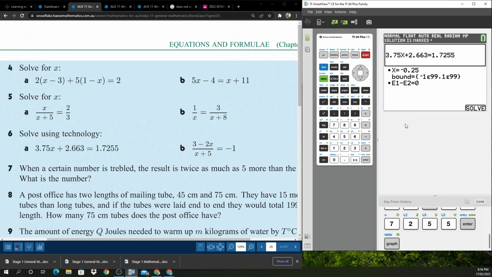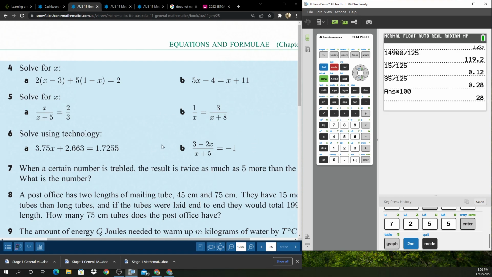All right. So you could test that by substituting that into the equation on the main mode of your calculator. But I'm going to leave that for the moment, because I want to make this quick. I only want to do one more example in a moment. So we'll just do this one. 3.75 times, what was it, minus 0.5?